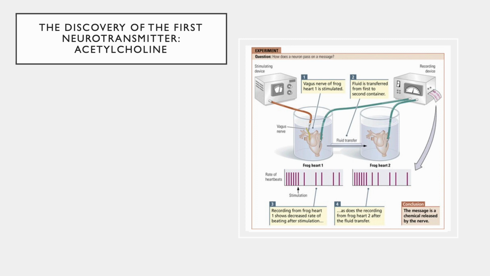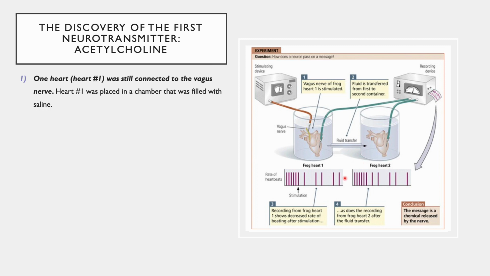But what he did when he got to his lab is he took one heart from a frog, and it was still connected to its vagus nerve. Here in orange, this is symbolizing the vagus nerve of the frog heart. Now, the vagus nerve is a very crucial cranial nerve that's known as the wandering nerve.